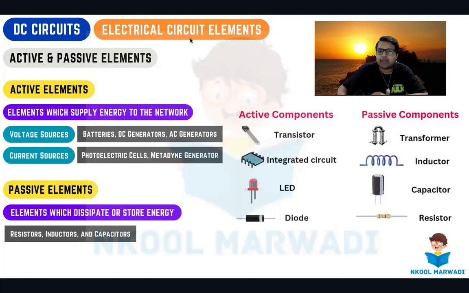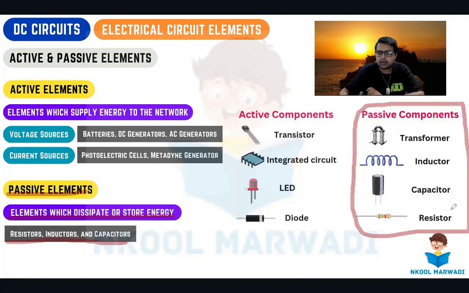And similarly, we have passive components. So what are passive elements? Elements which dissipate or store energy. Elements which either waste energy or dissipate energy, or they store energy. Like we have resistors, inductors, capacitors. These all are passive elements. A resistor opposes the current, which means it will dissipate electrical energy.